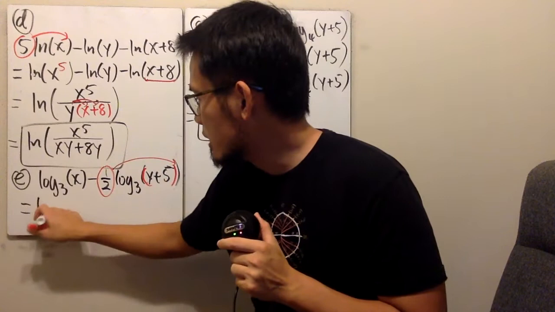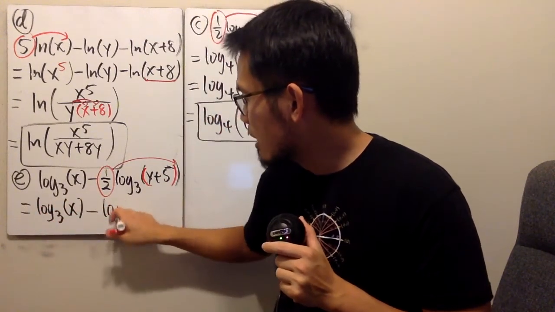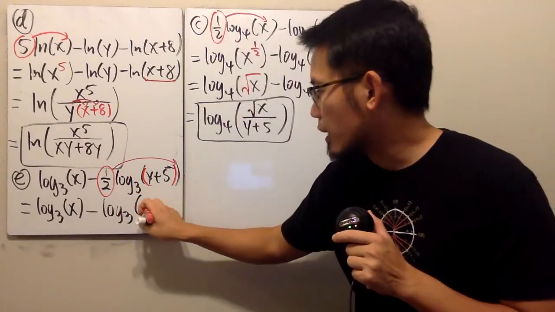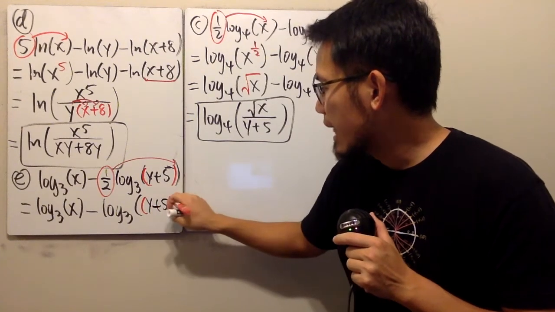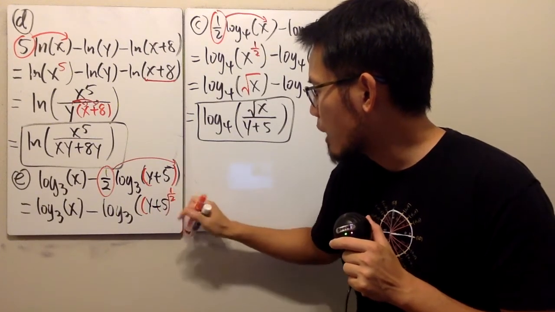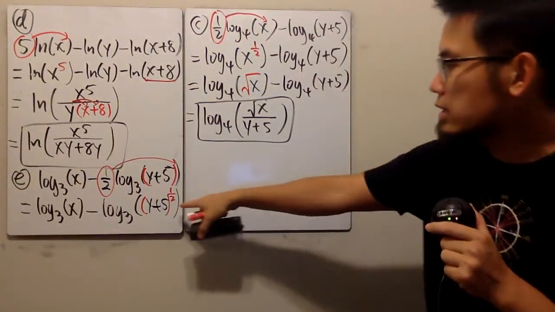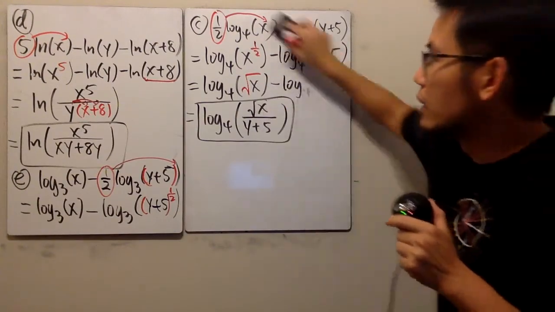We will end up with log base 3 of x, and then minus log base 3. And this right here becomes parentheses with y plus 5, and then raised to the 1/2 power like this, right? And what's the 1/2 power? Yes, it's a square root, just like what we did right here, right?